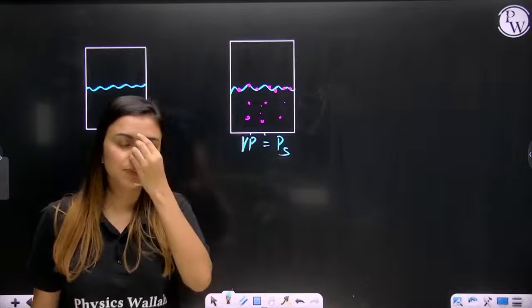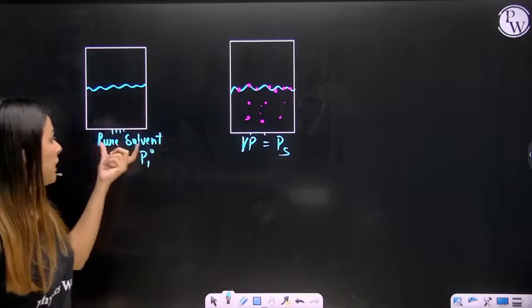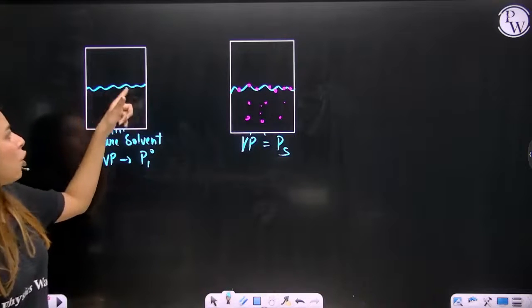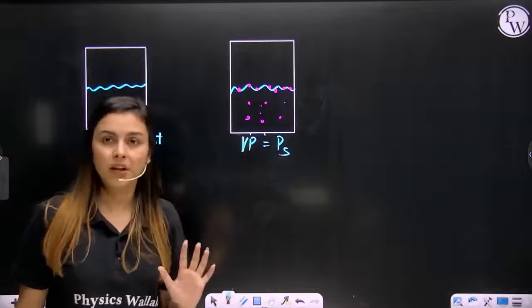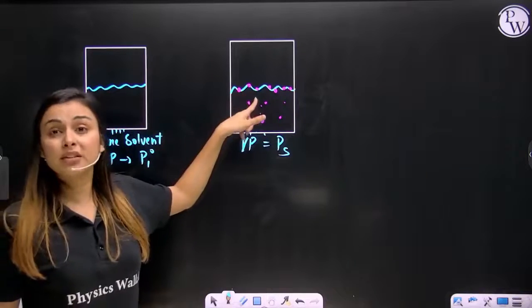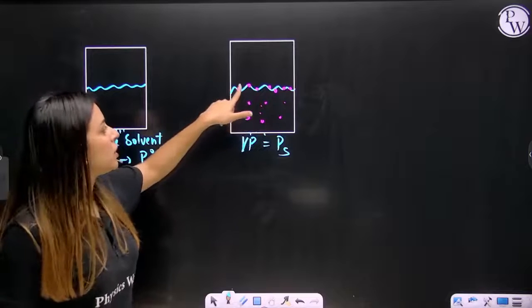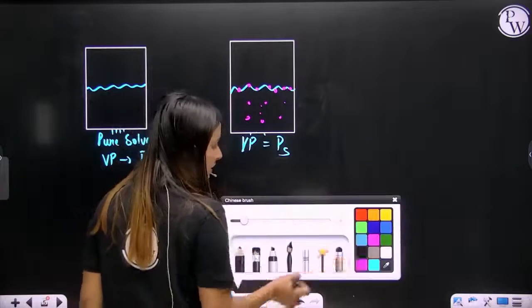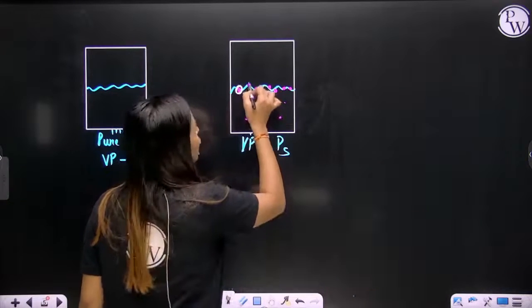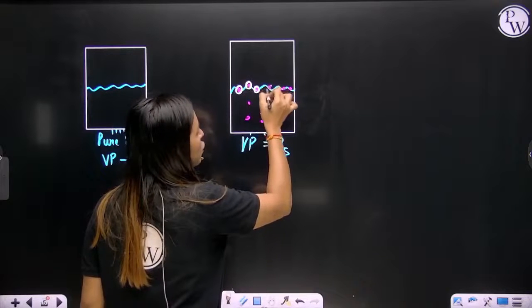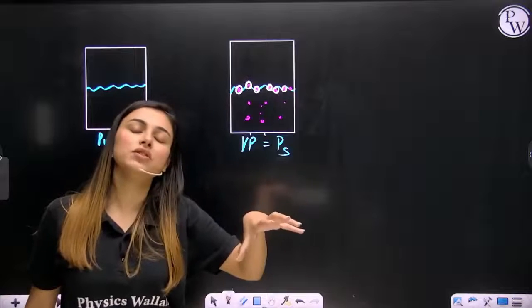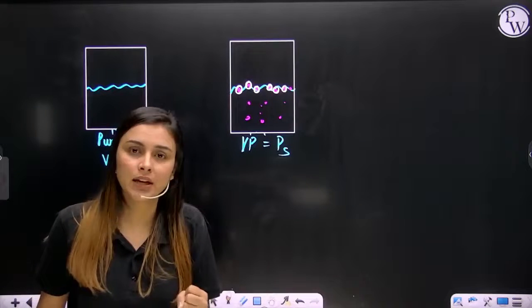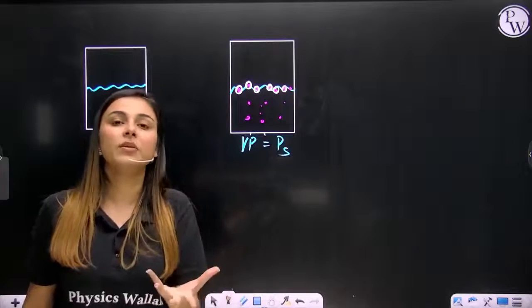Now, if this is the solvent, all the surface is available for the particles to go into the vapor form, right? Whereas in the case of solution, the non-volatile solute has covered some surface of the solvent and it is hindering the particles from forming vapors faster.